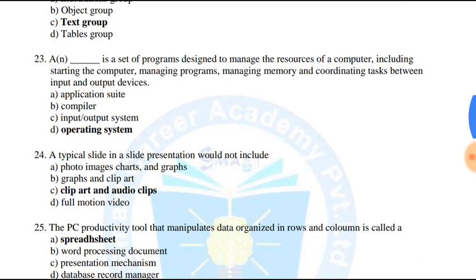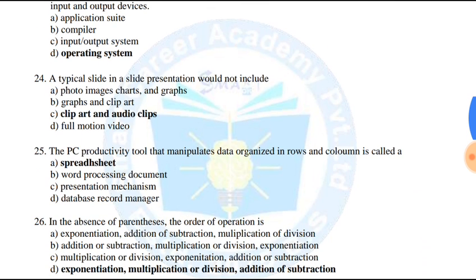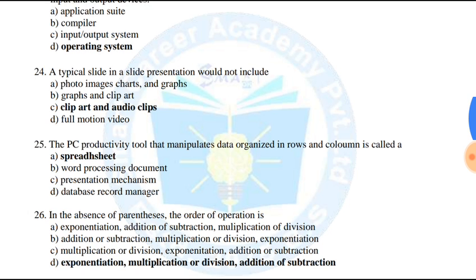The next one is, a typical slide in a slide presentation would not include clip art and audio clips. The PC productivity tool that manipulates data organized in rows and columns is called a spreadsheet.